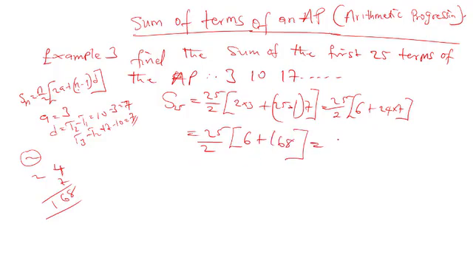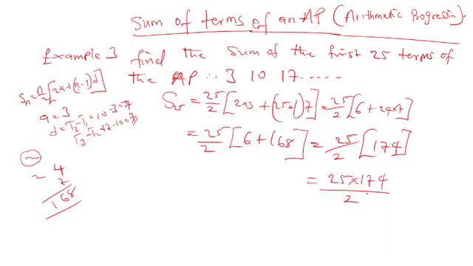So this is equal to 25 over 2 in bracket 168 plus 6, which is 174. So our value is now 25 times 174 over 2.